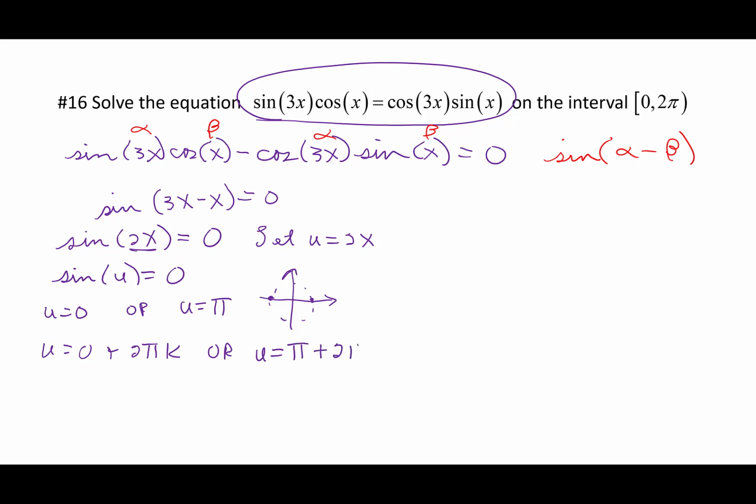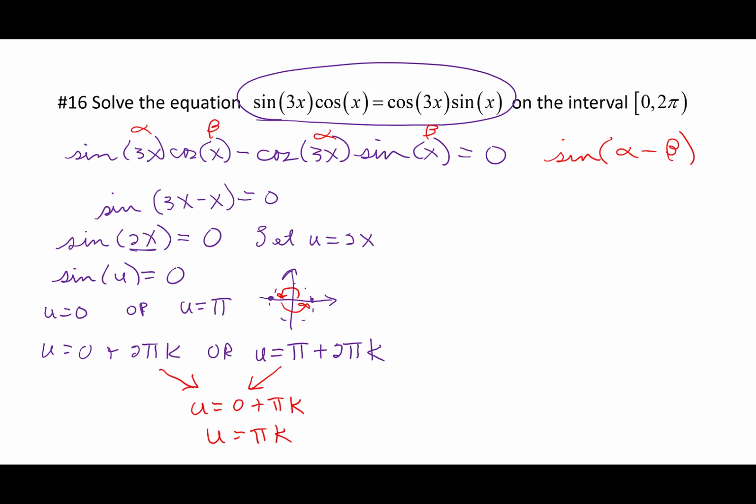But we could do this even simpler, because notice going from 0 to pi, I just add pi. Going from pi back to 2 pi, I just add pi again. So I could combine these two to write u equals 0 plus pi k, or just u equals pi k.